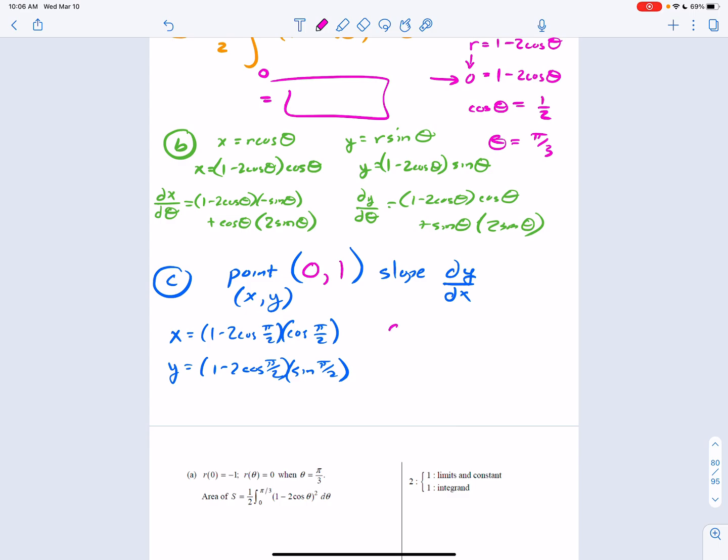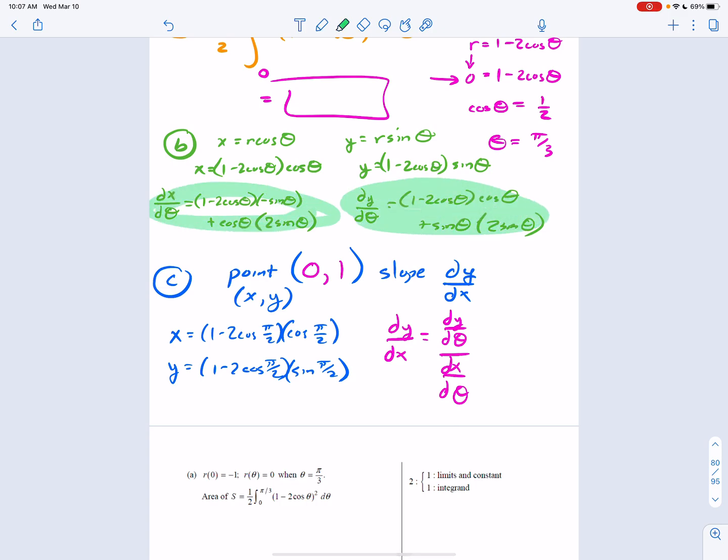So remember that dy dx is the same thing as dy d theta over dx d theta. Notice how they kind of set you up for that right here in the previous part. Okay, so we need to figure out what they are, evaluate it at pi over 2. And you could decide to type all of this out on a calculator and evaluate it. Pi over 2 is pretty simple to evaluate.